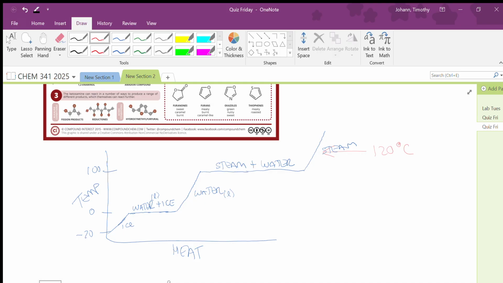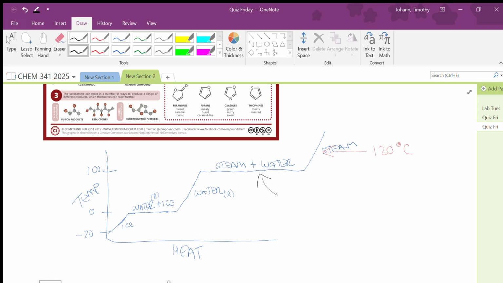Okay. I want to draw your attention to something here, though. I sort of drew this to scale. So here we have this kind of long line with the amount of heat. I probably haven't gotten these quite to scale, right? This certainly should be steeper. Actually, this should be twice as steep as that. But we've got a long line here where we're melting the ice. And then we've got an even longer line here where we're turning it to steam, okay?